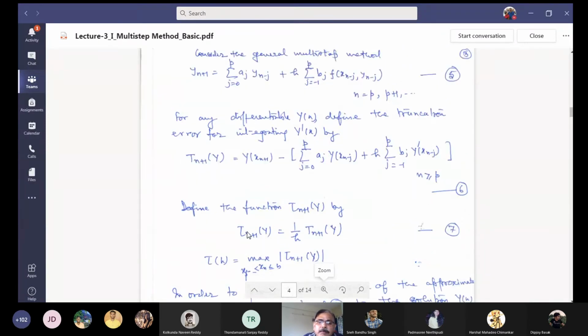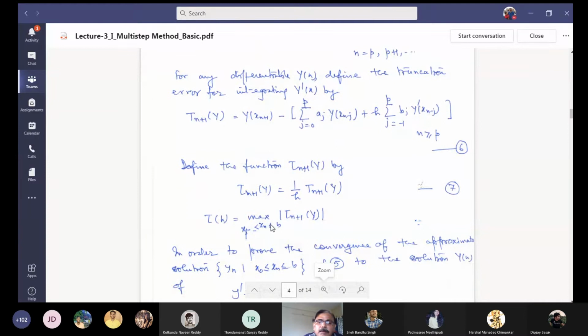It is the maximum of that order of the method, and that will definitely depend on h. You understand that if h approaches 0, this goes to 0, then the method is convergent. Is that right? Yes, sir.